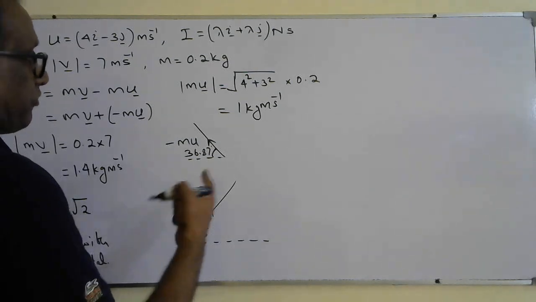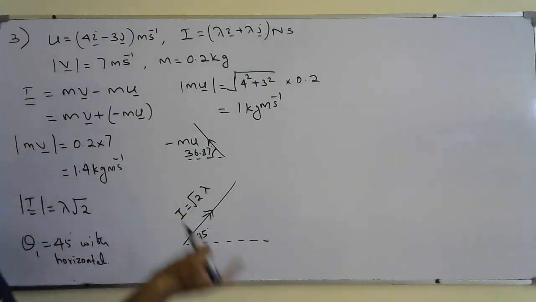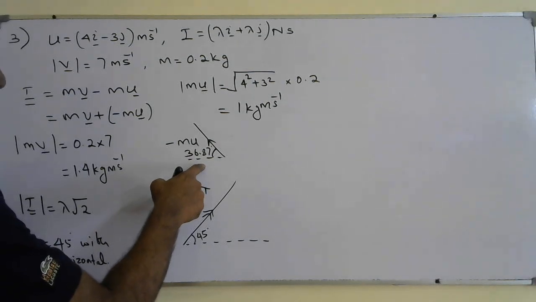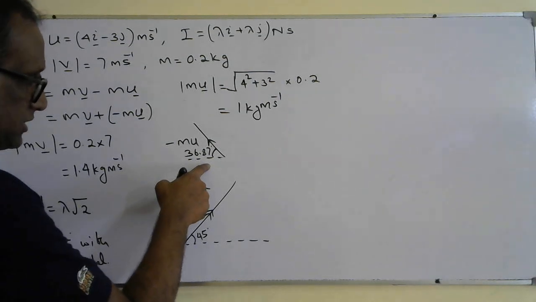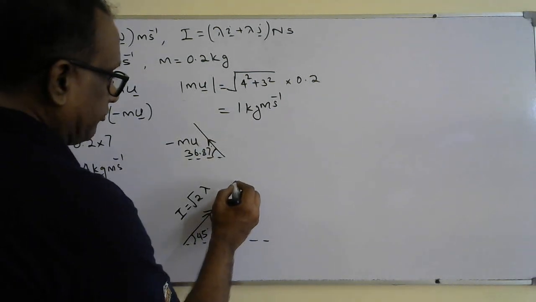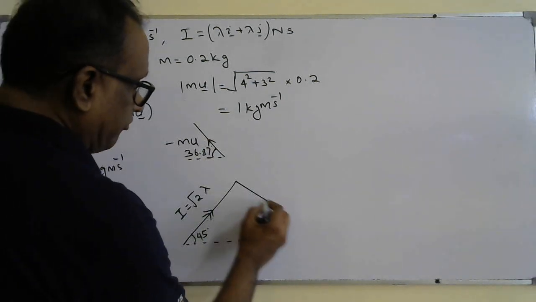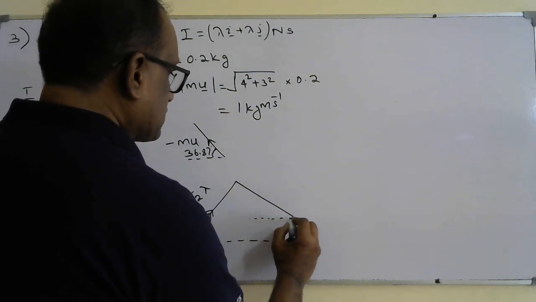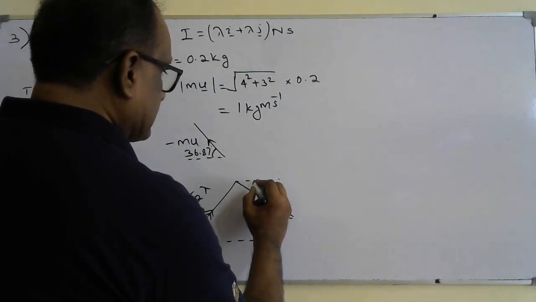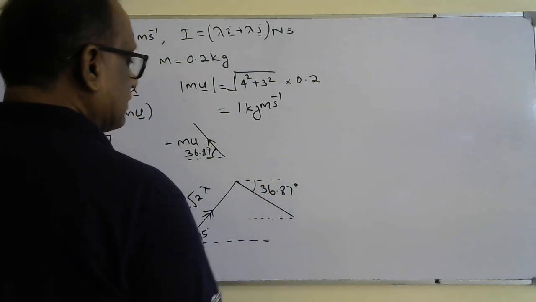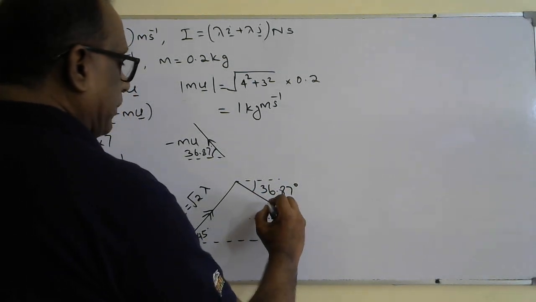When we add mv, we don't know it, but minus mu makes an angle 36.87 degrees with horizontal, and its magnitude is 1 unit. So 1 unit from here, that makes an angle with horizontal, 36.87 degrees.